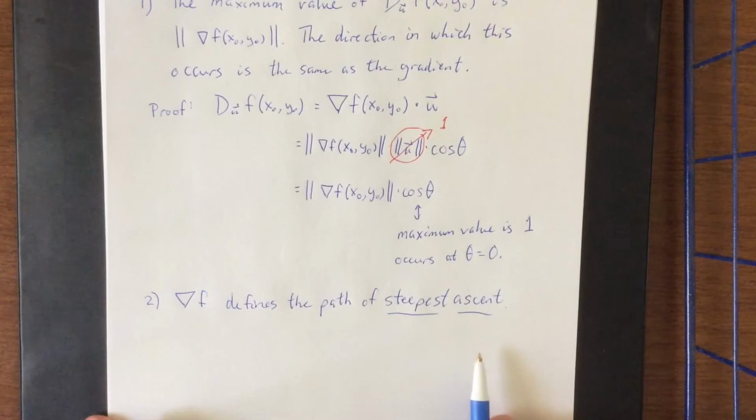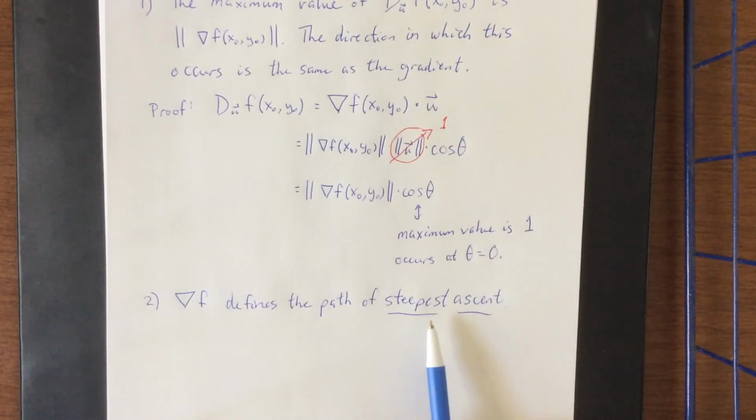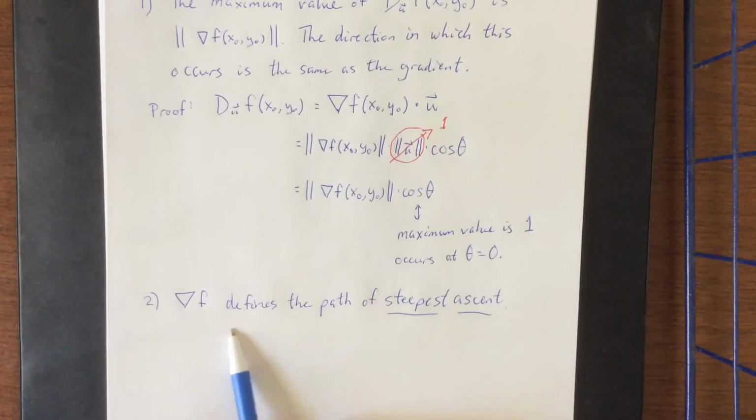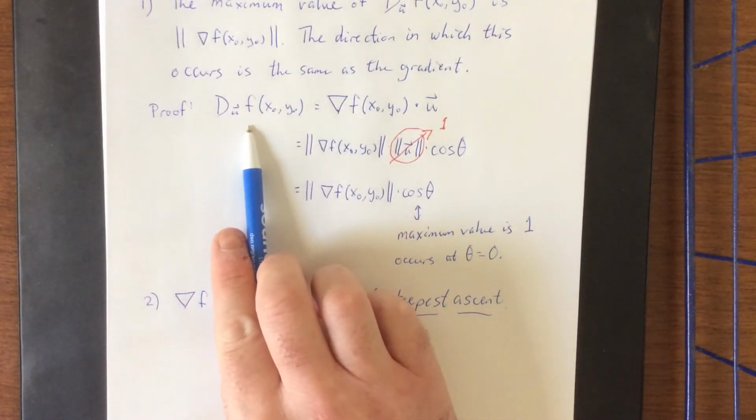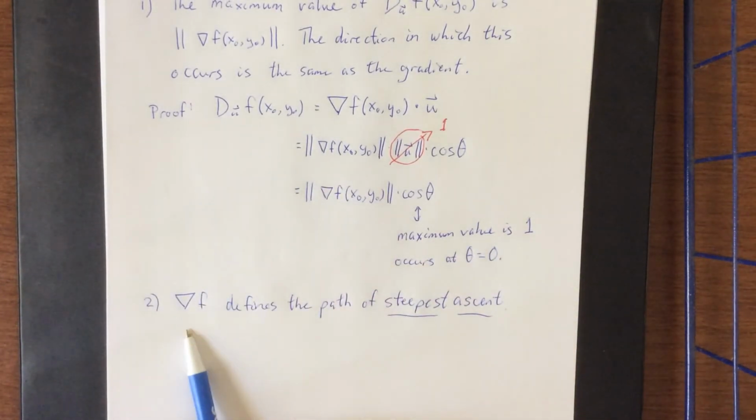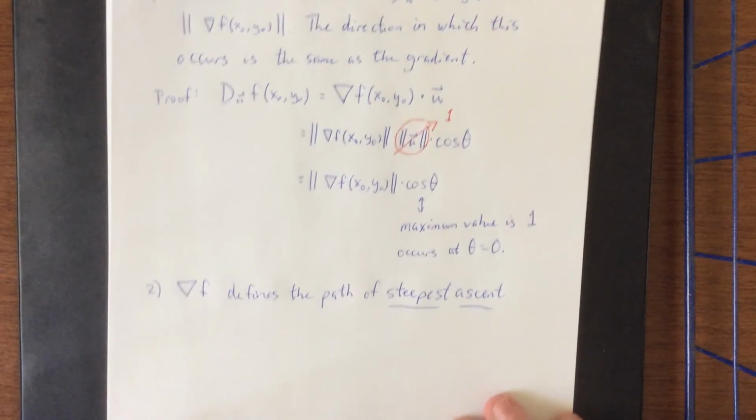When we talk about ascending, we're talking about rising or going up. The steepest ascent means the largest value of the slope that takes us there. So the largest value of the directional derivative, that path of steepest ascent, is always going to be based off of the gradient vector.